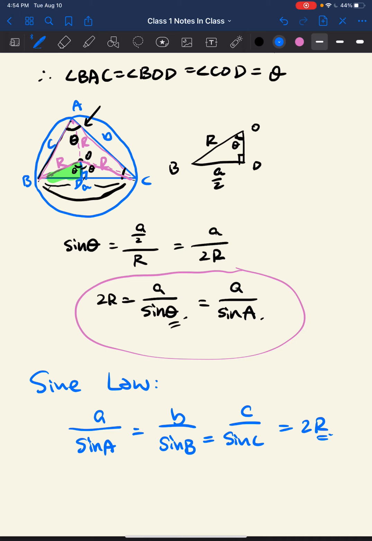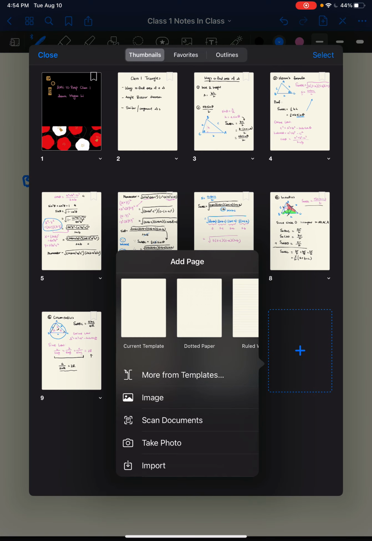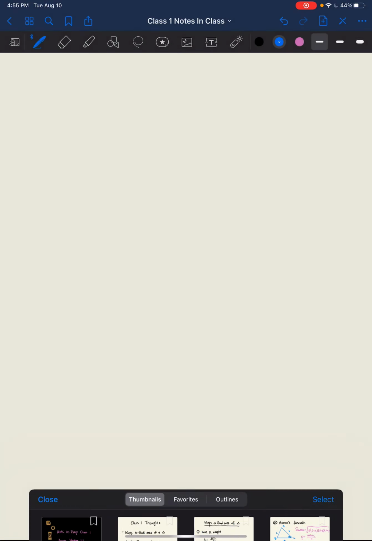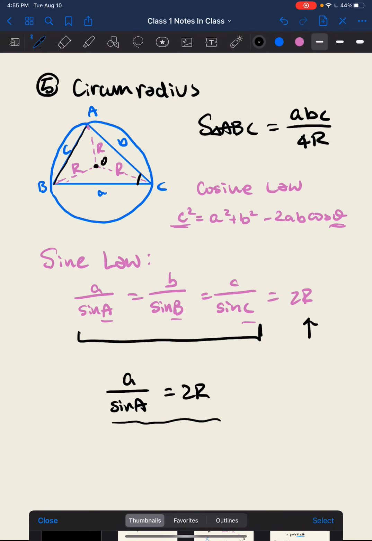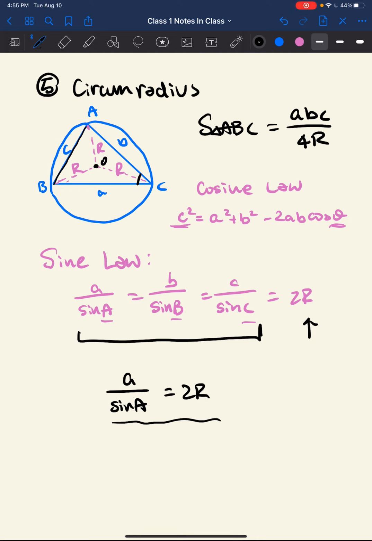So since we proved this part, let us finish proving our fifth way to find it. So area equals ABC over 4R. So let me just copy this.